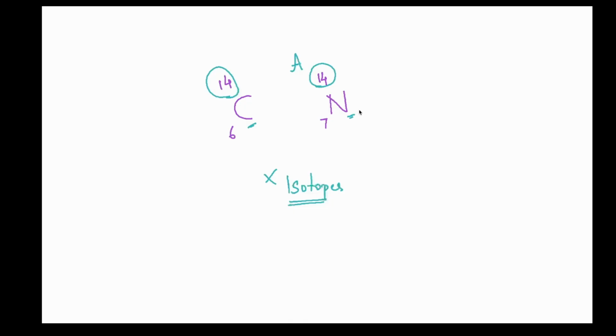For two forms to be considered isotopes, their atomic numbers should be the same, meaning they should be the same element. Here we are considering carbon and the other element is nitrogen. Because their atomic numbers are different, they cannot be considered isotopes of one another because they are atoms of different elements.